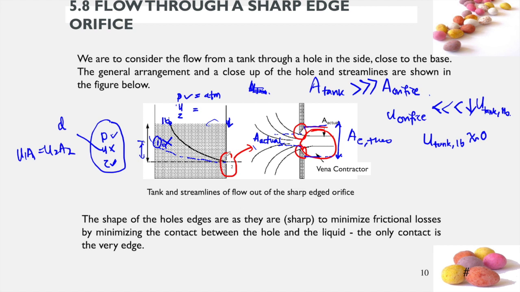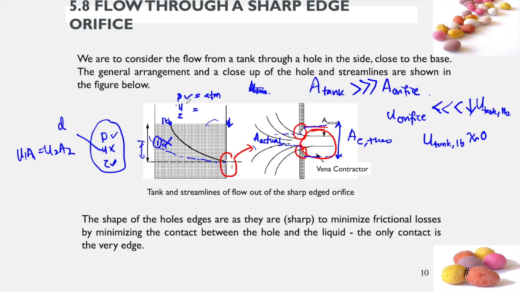So this area is too small compared to the area of the tank, and the level of this flow will reduce a little bit, and velocity here will approach 0, maybe 0.01 meter per second, because this area is too big.